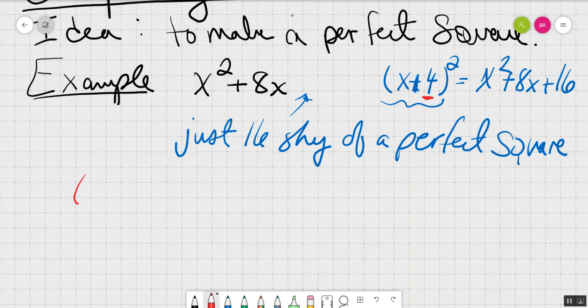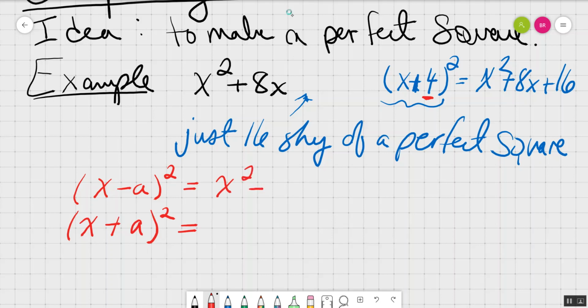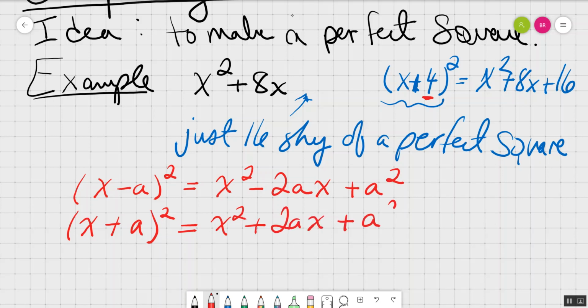A while back, we did some stuff. We had x minus a squared and x plus a squared. And we FOILed them out, and I got x squared minus 2ax plus a squared, and then x squared plus 2ax plus a squared.